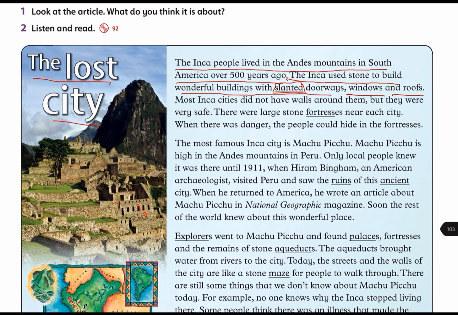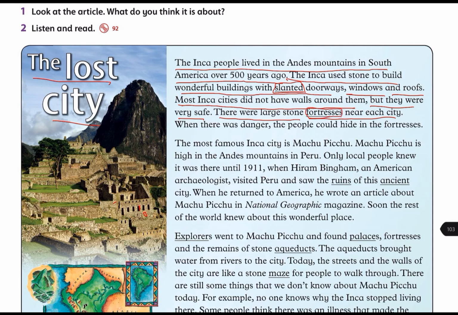So always windows and roofs were in this way. Most Inca cities didn't have walls around them, but they were very safe. There were large stone fortresses near each city. Here we have fortresses. What's fortresses?